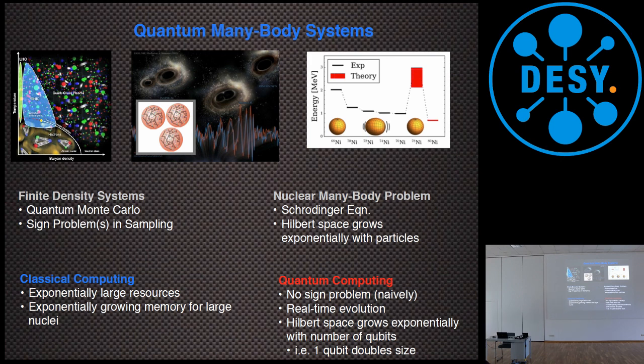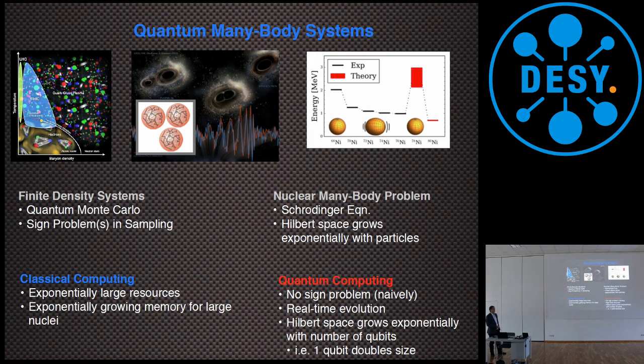So this is currently one of the limitations in dealing with larger nuclei: the dimension of the Hilbert space grows exponentially. So in classical computing, you have exponentially large resource requirements and exponentially growing memory requirements. In quantum computing, there's no sign problem, and I put the word naively here, and I'll come back to this.